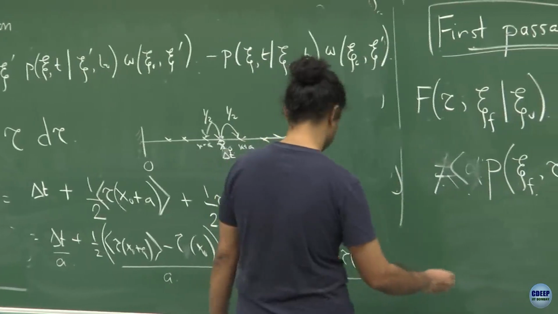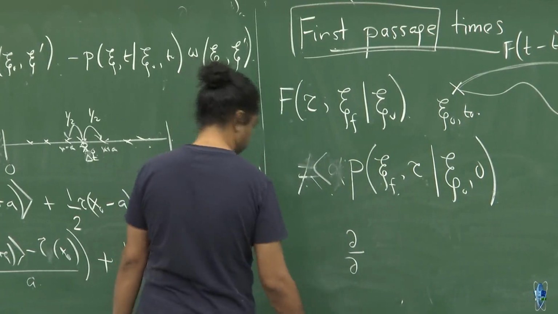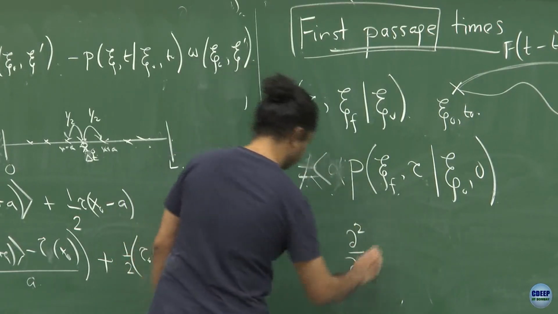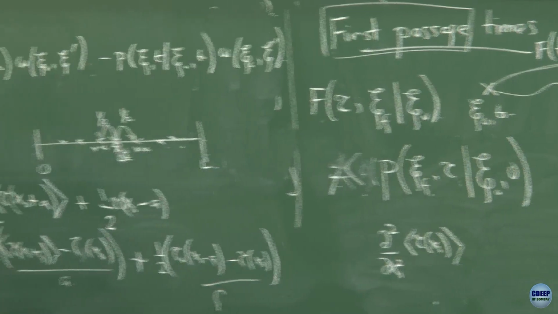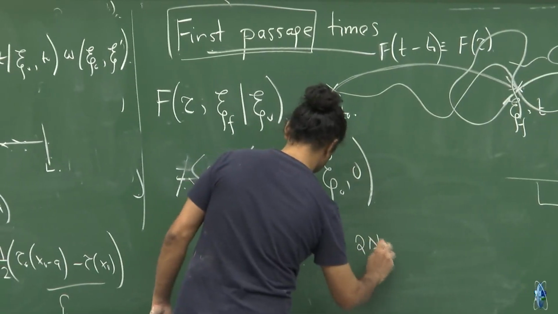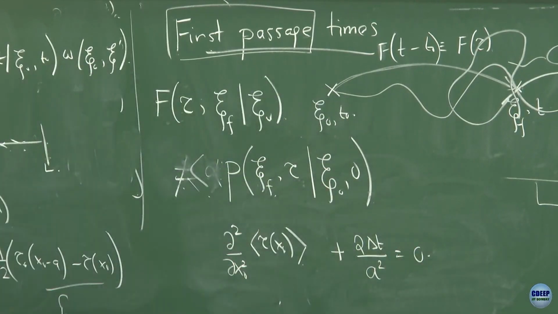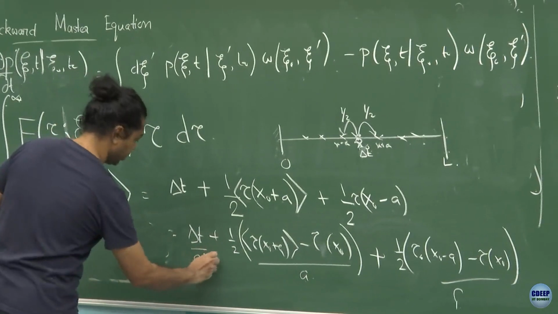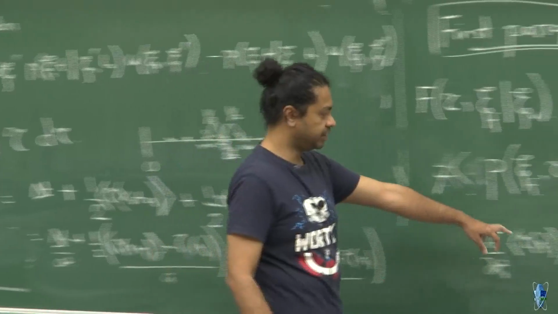So I have del 2 del x naught square of this mean time tau of x naught, plus 2 delta t by a square is equal to 0. To get the second derivative, I divide by a once more. That gives me a square here, and then this 2 I bring to this side. So that is 2 delta t by a square over here.